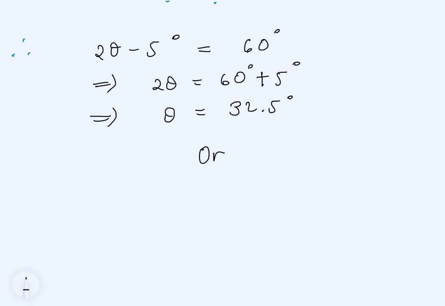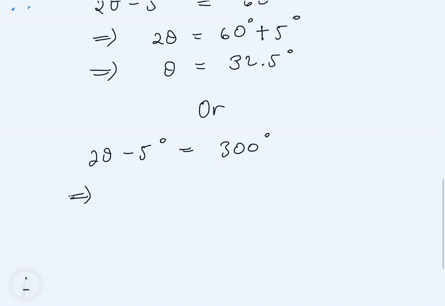Or 2 theta minus 5 degrees, that's beta again, is equal to 300 degrees. So 2 theta minus 5 degrees is equal to 300 degrees, right? Now, this implies that 2 theta is equal to 305 degrees.